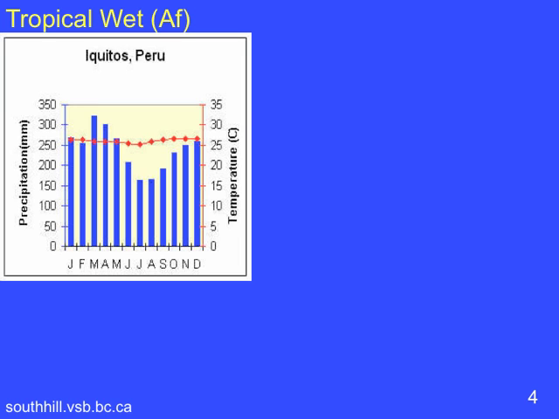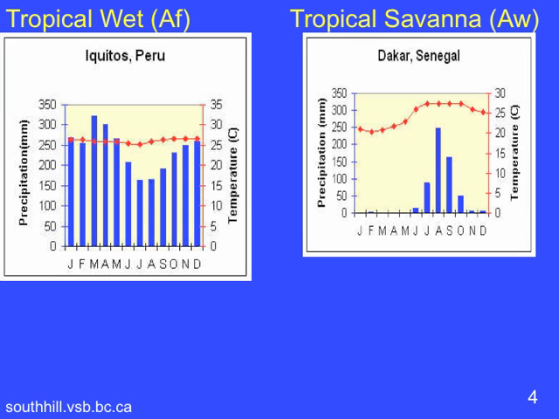Now let's look at this climograph for a tropical savanna climate zone, the Aw climate zones. This one comes from Dakar, Senegal. And the savannas are known for their extensive grasslands. If we look at the climograph, we can see there's a very short rainy season.